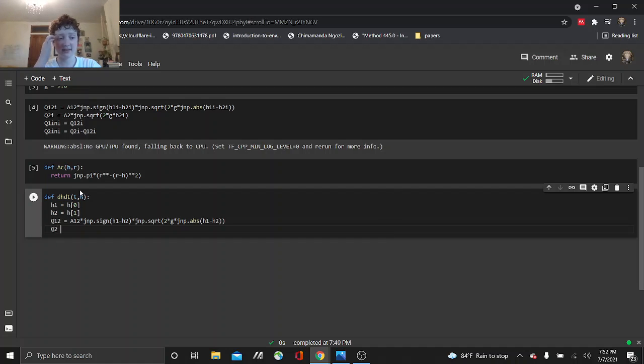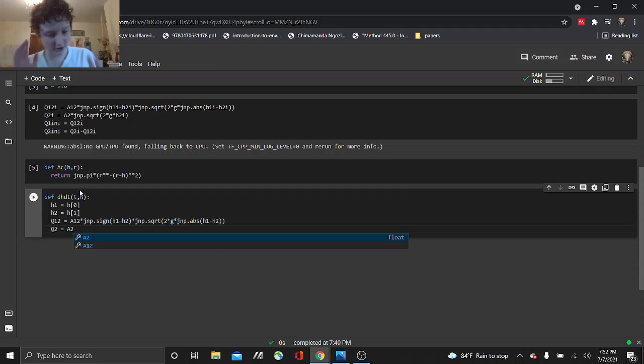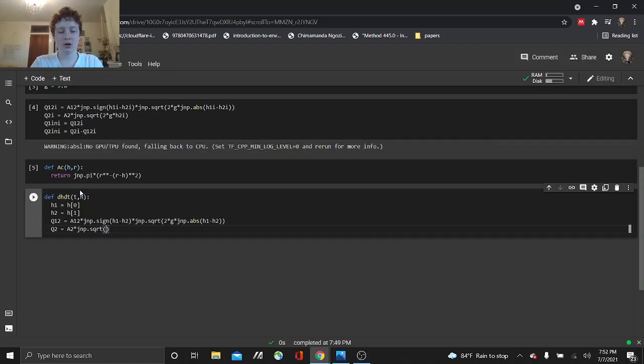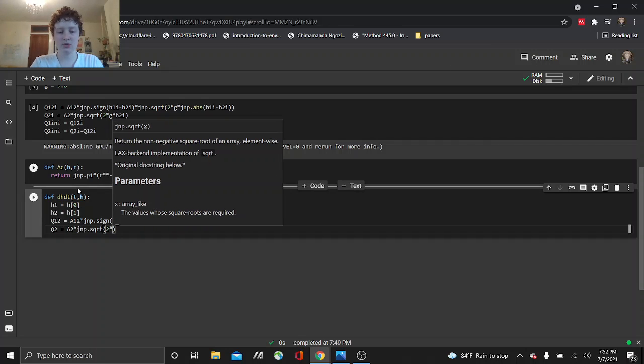We're going to define this again, so it's no longer taking into consideration the initial values for the height, but any values for height. So cross-sectional area stays the same.